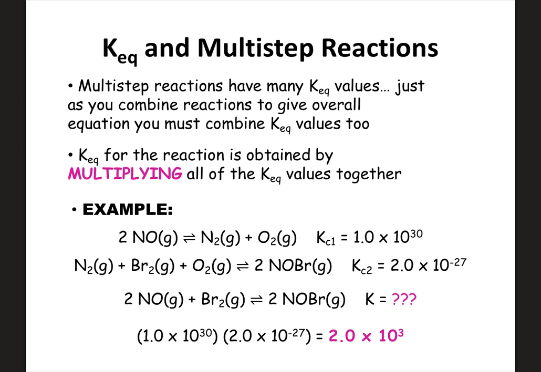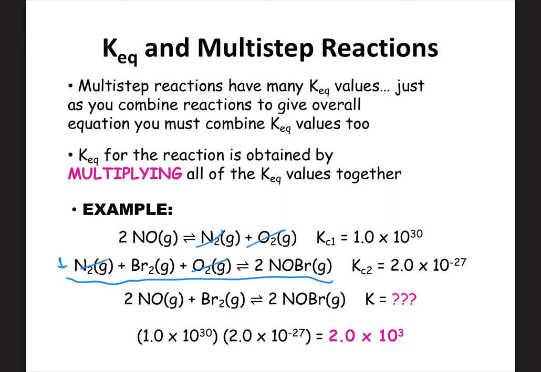If we add these up, anything on opposite sides of the arrows in different steps would cancel. So the N2 cancels. The O2s are on opposite sides of the arrow, so they cancel. And then all that's left here is your 2NO plus your Br2 forming your 2NOBr. So all we did was add those two reactions together to make this reaction.